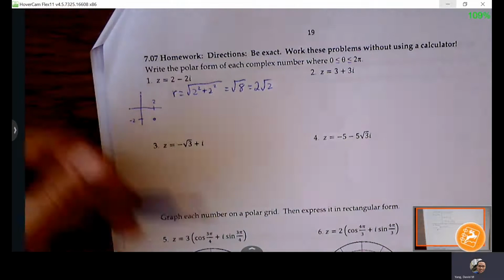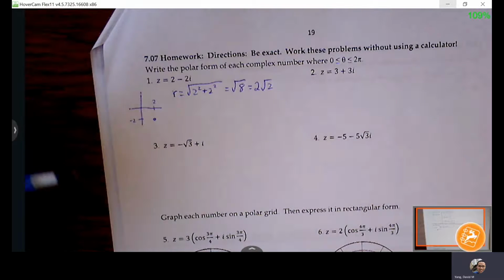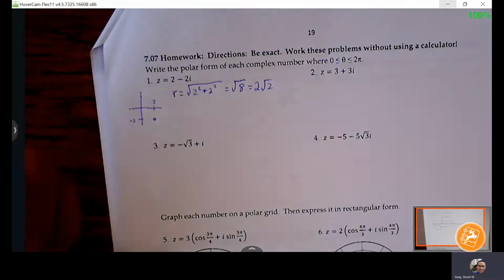And if you're comfortable using the short abbreviated version, you can do CIS, okay, r cis theta.